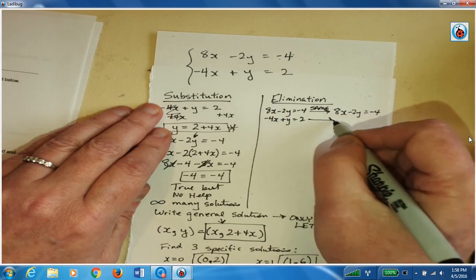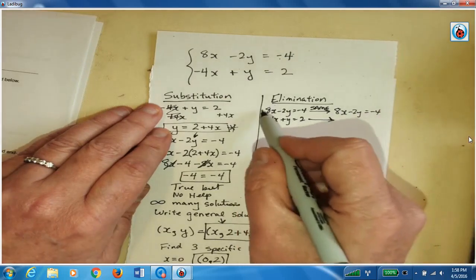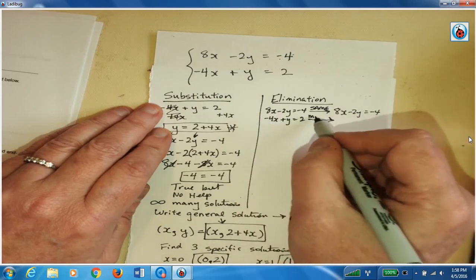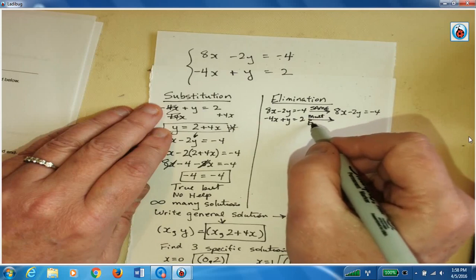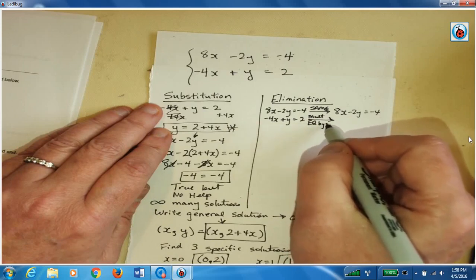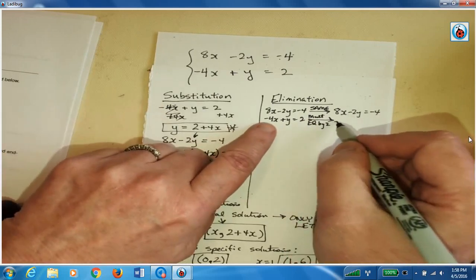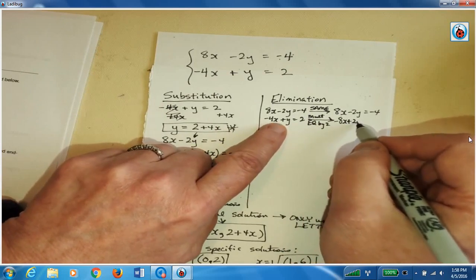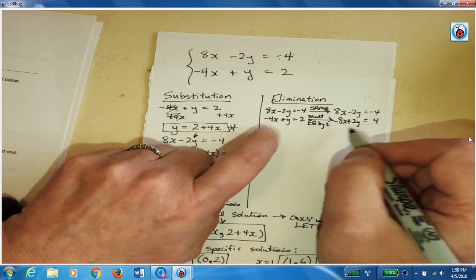This one I'm going to change, and just looking there, I'm going to change it by multiplying everything by 2. So multiply the equation by 2. So I'll have -8x plus 2y equals 4.